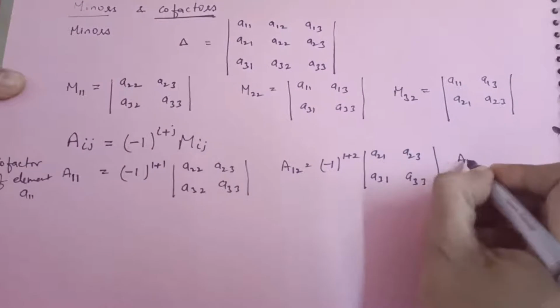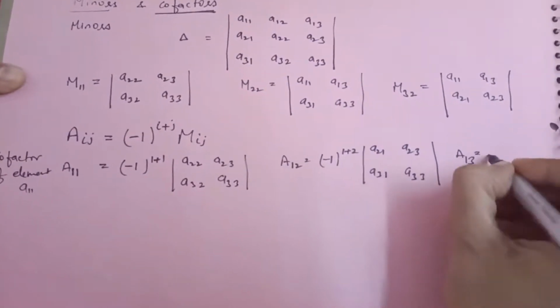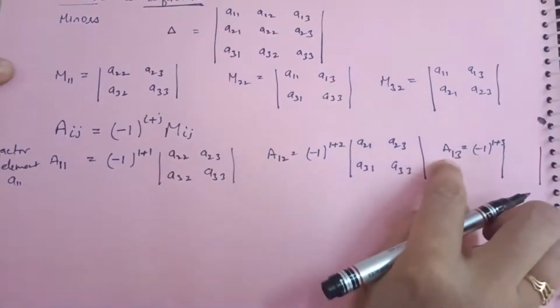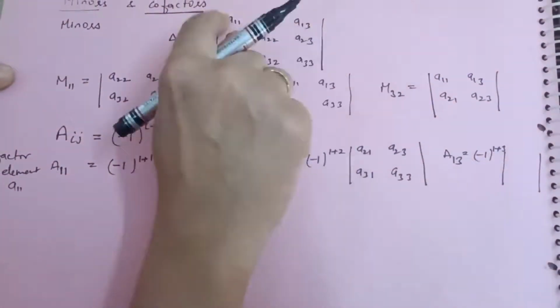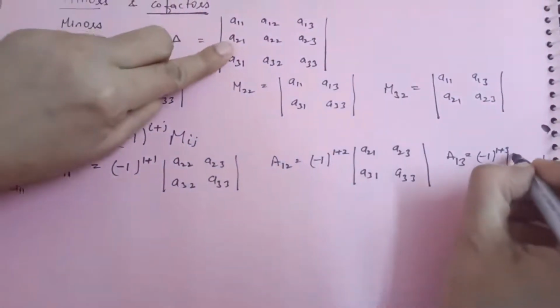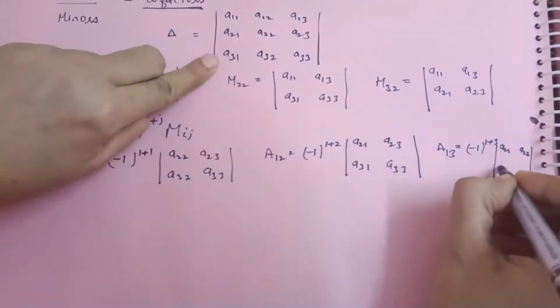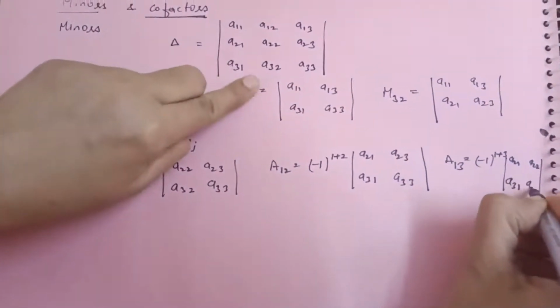Similarly, what about A13? That is again (-1) to the power 1 plus 3, deleting the first row and third column, so it will be A21, A22, A31, A32.